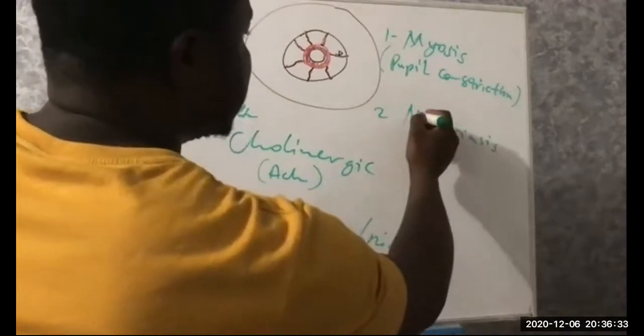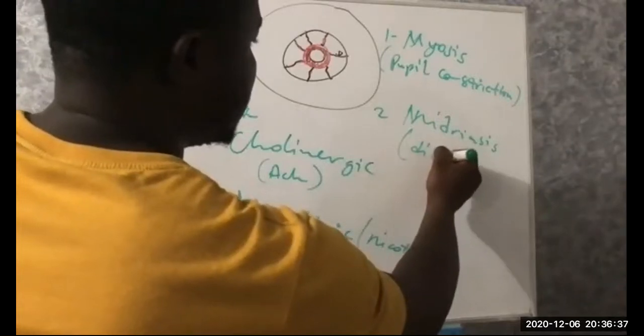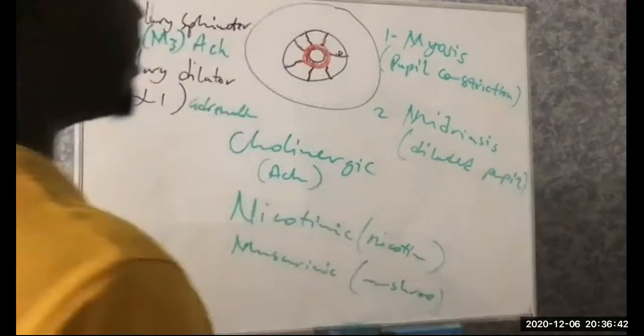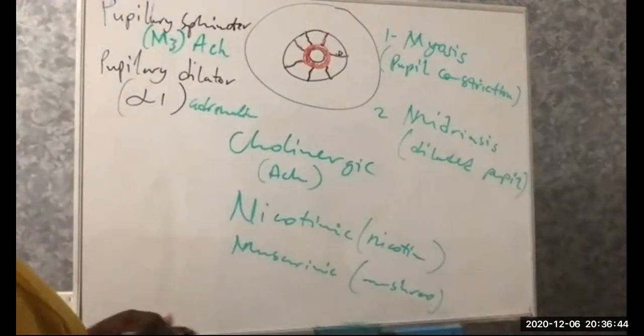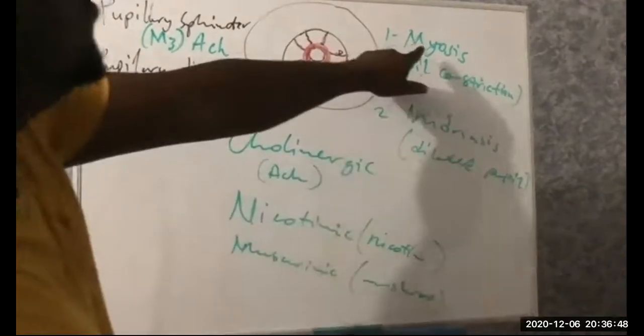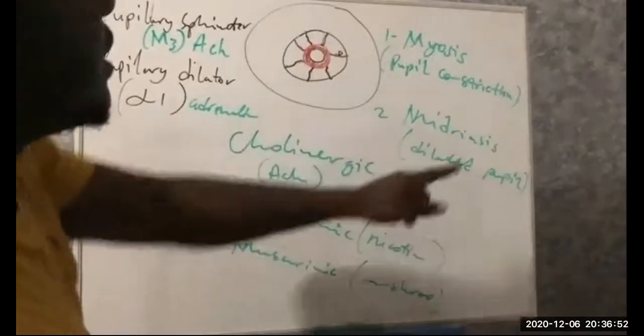Okay, mydriasis. So dilated pupils. So you should understand what mydriasis means and what meiosis means. So once you stimulate parasympathetic, there will be what? Meiosis. Once you stimulate sympathetic, there will be mydriasis. Okay?